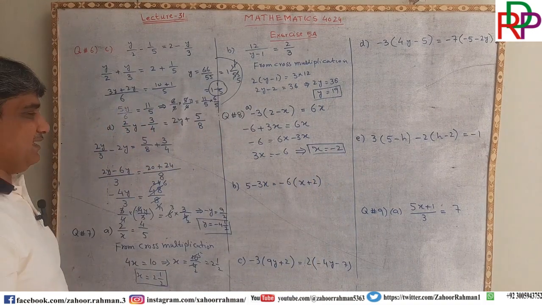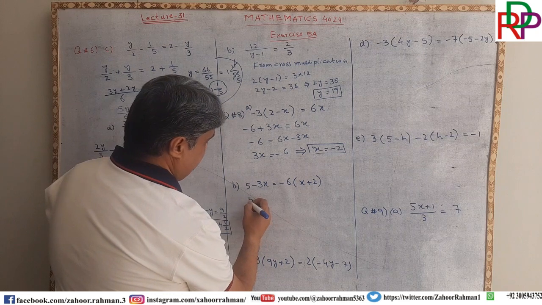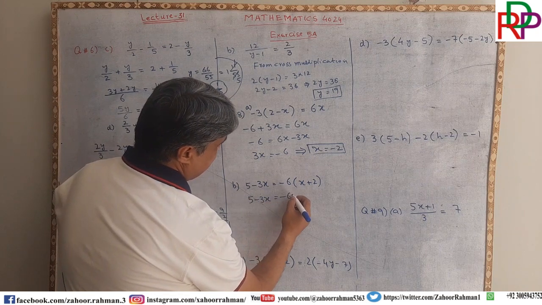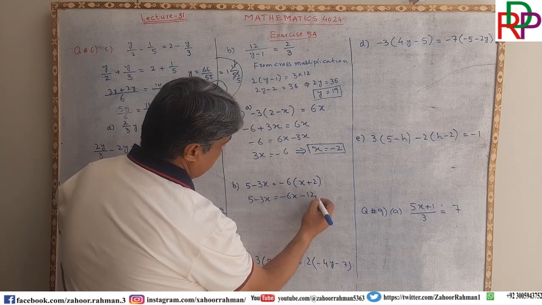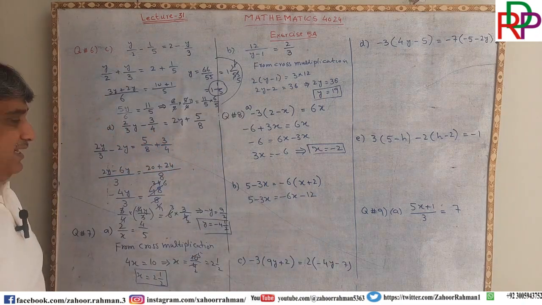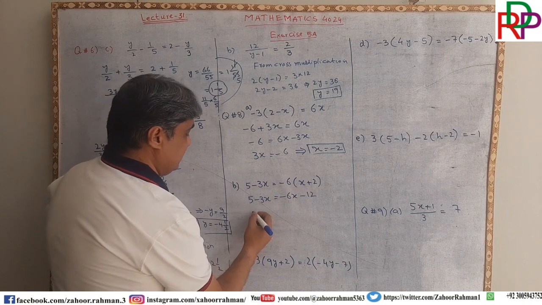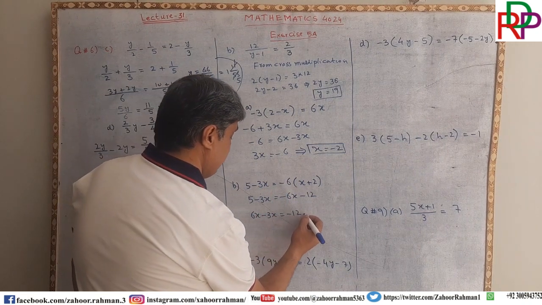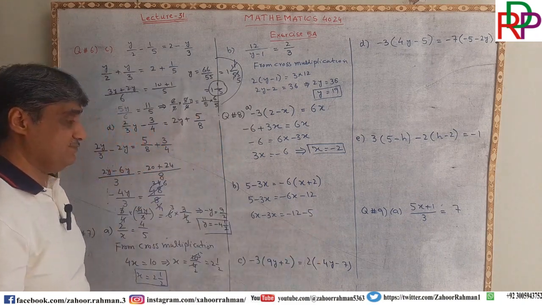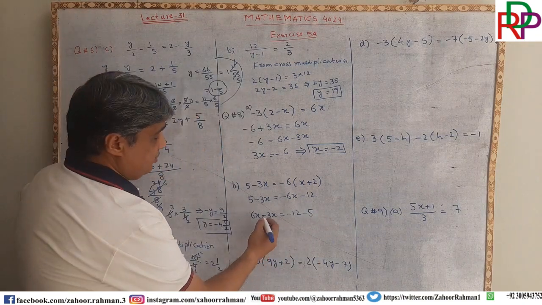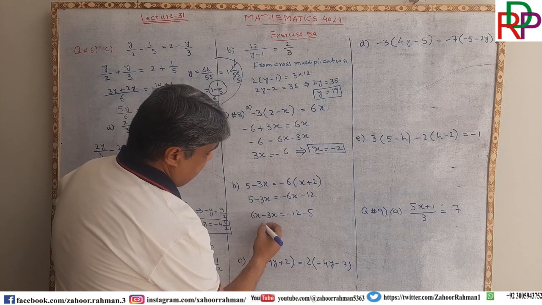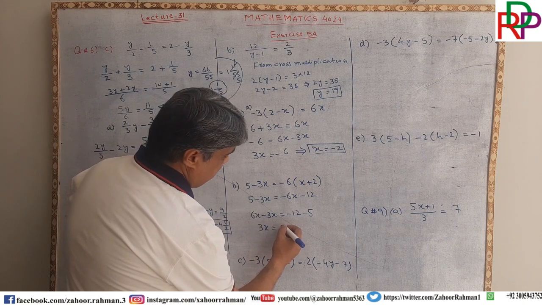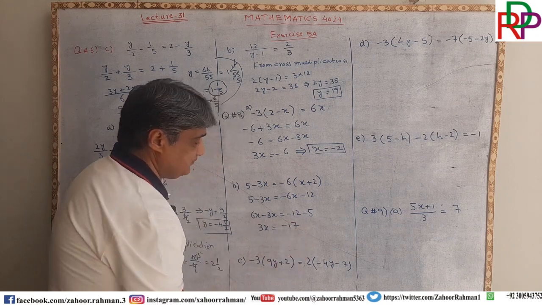Here I am first expanding this bracket, so minus 6x minus 12, and now I have to shift this 6x minus 3x minus 12 minus 5. So now 6x minus 3x is 3x is equal to minus 17.